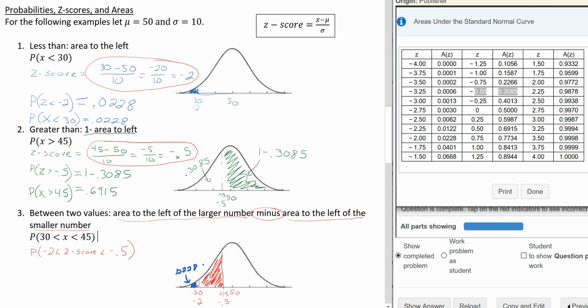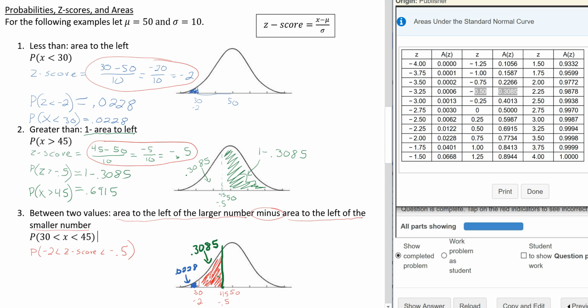And likewise, earlier we had found that the green area, which was from 45 all the way to the left, which includes that blue area, was 0.3085. So if I want just the red area, then I want to take out this blue area from the greenish area that we had before.